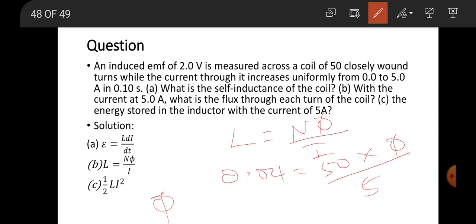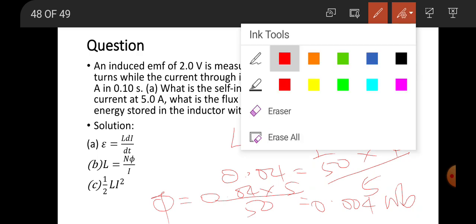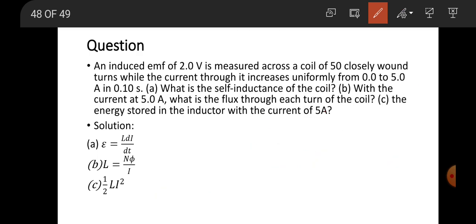So the flux will be 0.04 times 5 divided by 50. That will give us 0.004 Weber.